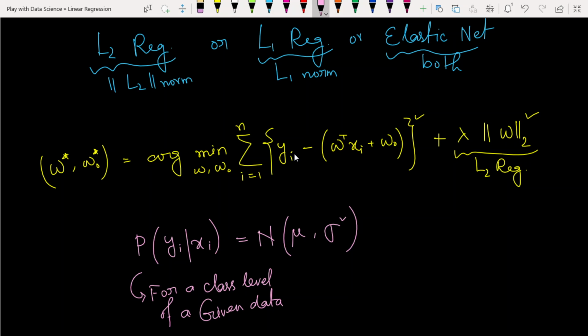If we use the Bernoulli distribution, we build logistic regression, and if we use the Poisson distribution, we get counting regression, or Poisson regression, which is used to predict counts. So this is our probabilistic interpretation.